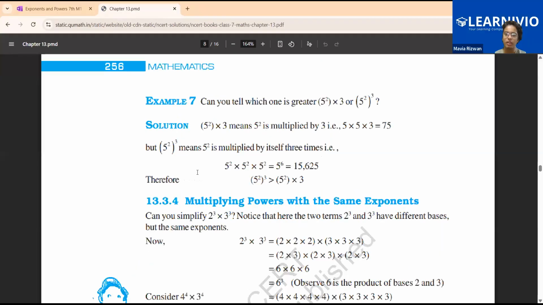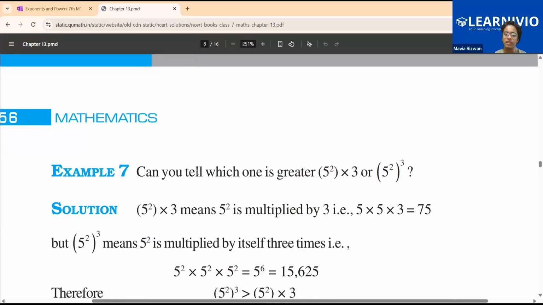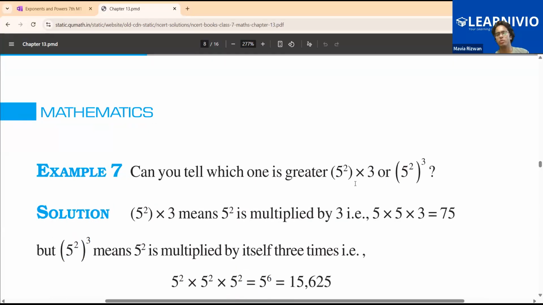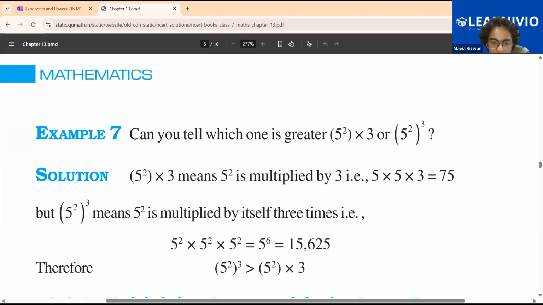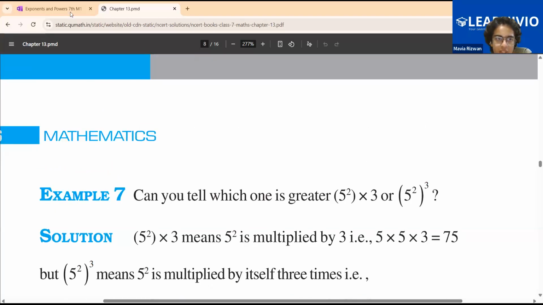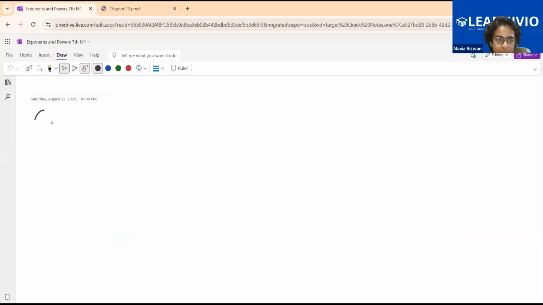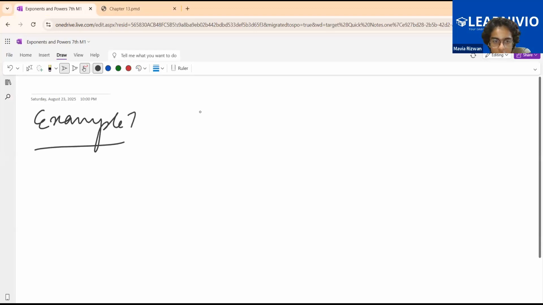Okay. Now they're saying, can you tell which one is greater? 5 square into 3 or 5 raised to the power 2 whole raised to the power 3. So example 7, they are saying 5 raised to the power 2 into 3, or 5 raised to the power 2 whole raised to the power 3.